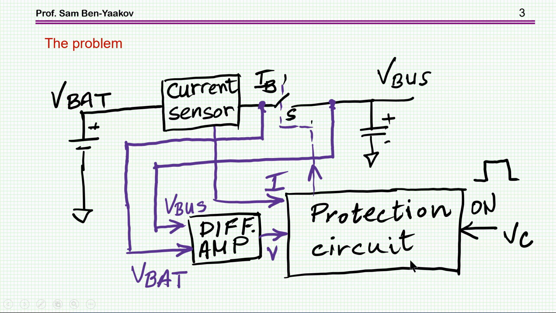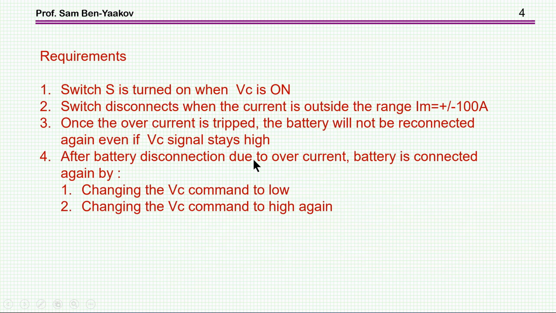Now, the command to turn on the switch comes here, could be from, say, a microprocessor. This protection circuit, however, will not operate the switch if it's not safe, and it will open it if the current is too high.